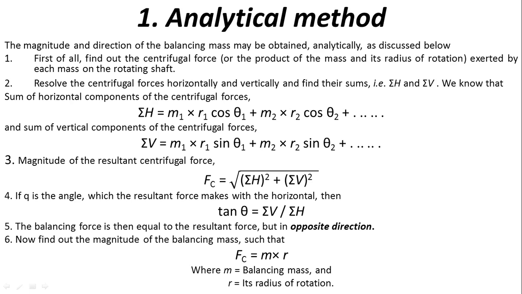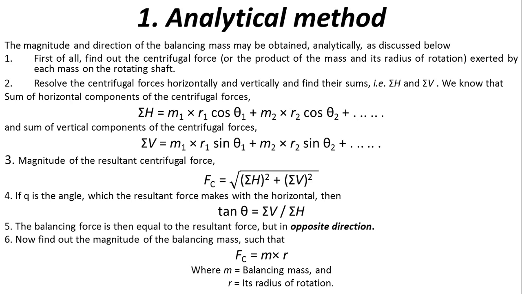Next, to get the angle theta, tan theta equals summation of V by summation of H. By doing this you can get the angle theta, and the balancing force is equal to the resultant force but in the opposite direction.